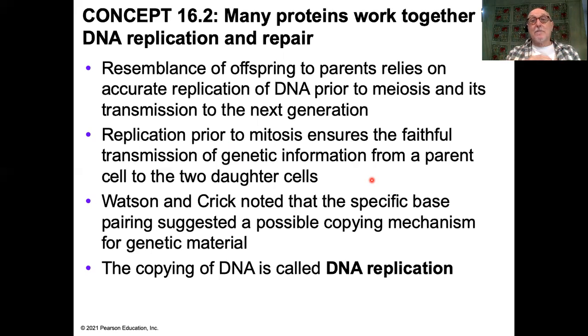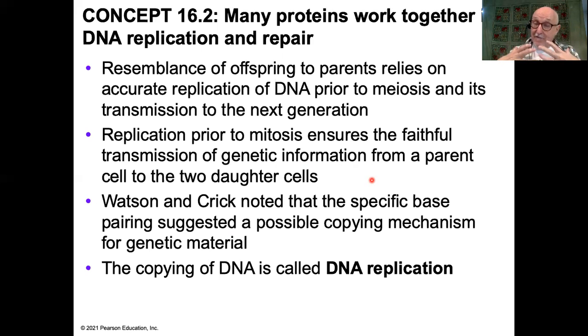So replication is tremendously important, not only in mitosis, where, for example, we are replacing one cell with another or contributing to growth or whatever, but in meiosis as well, because in meiosis we are creating the gametes, and that is how we are going to hand on information to progeny.